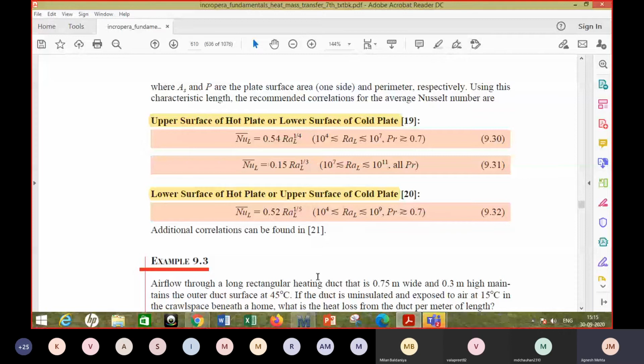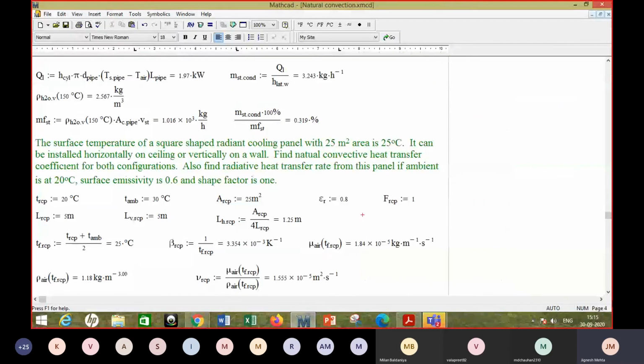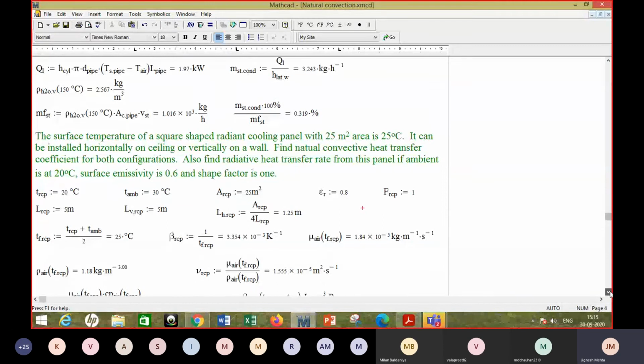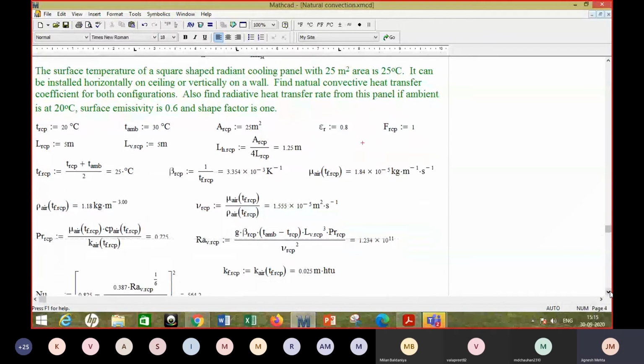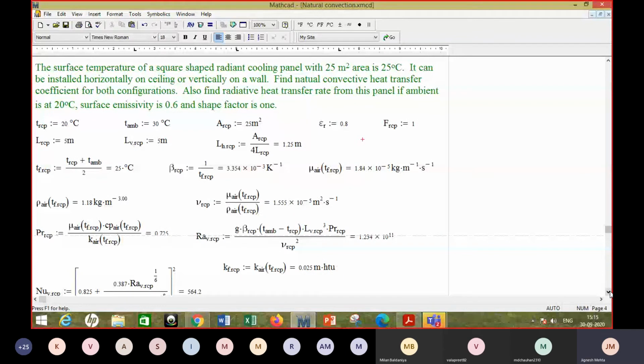So let's go back to the example where we are talking about two different orientations of a cold surface. Now it is presented as an air conditioning device. Let's read this. The surface temperature of a square-shaped radiant cooling panel with 25 meter square area is 25 degrees Celsius. It can be installed horizontally on ceiling or vertically on a wall.